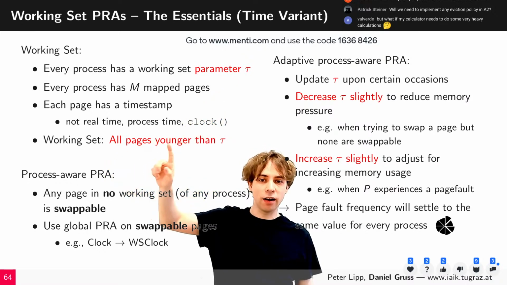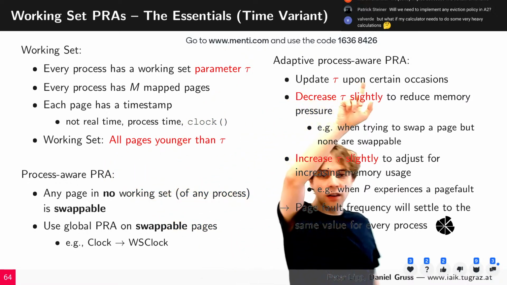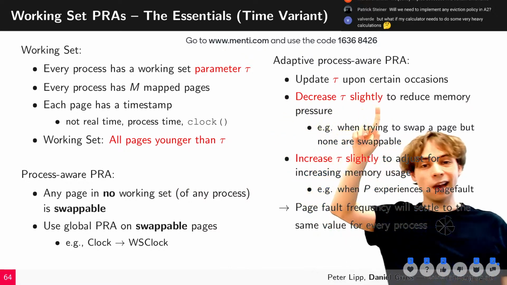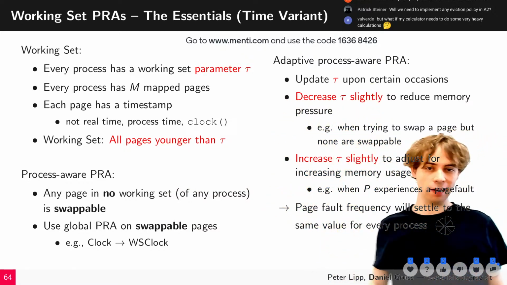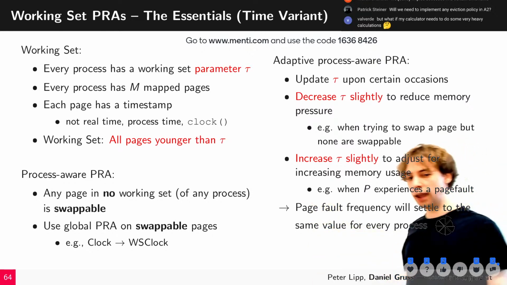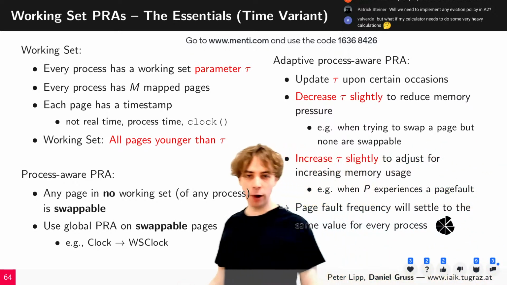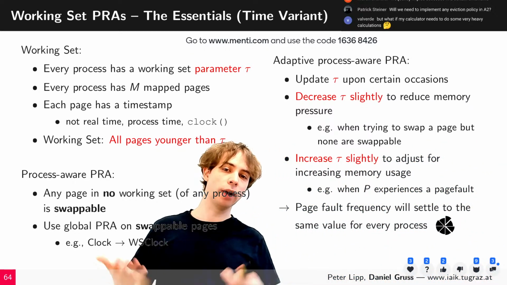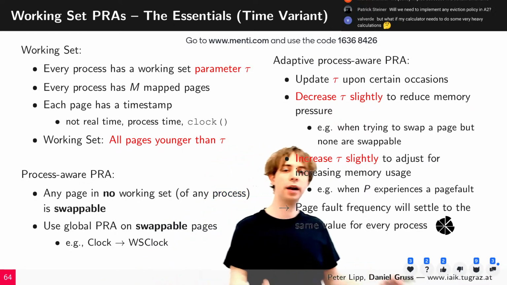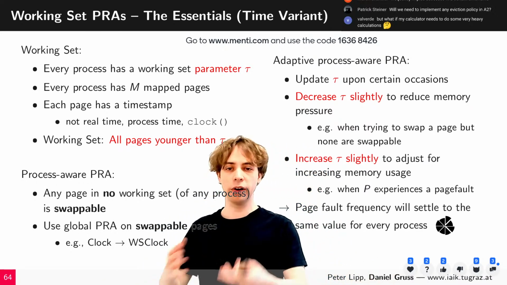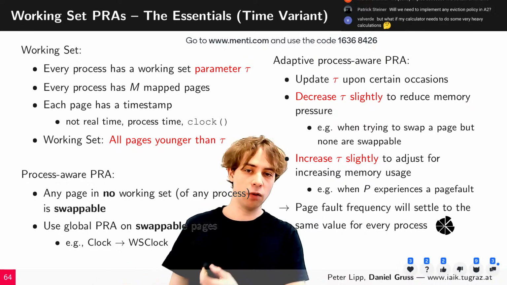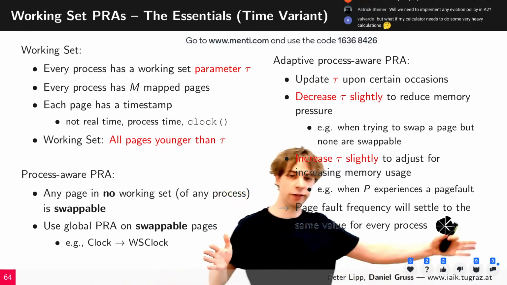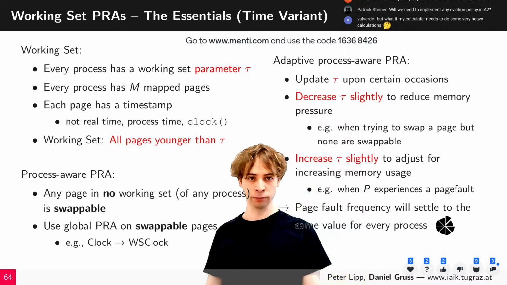All pages younger than tau, update tau, decrease tau slightly, increase tau slightly. Okay, works in the same way, just that in one case you have to perform more comparisons with is it older, is it younger, and in the other case you just work with the count and have the pages sorted somehow.